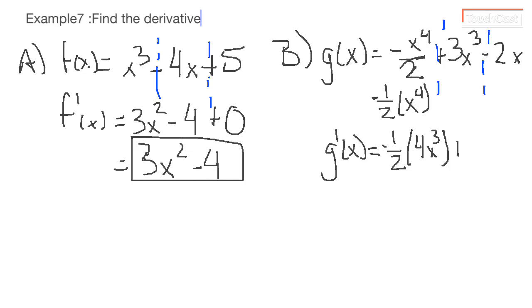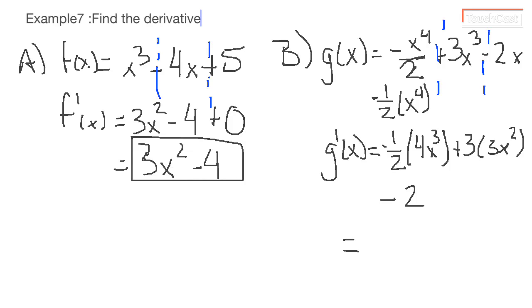And then we have a plus. We're now going to find the derivative of 3x cubed. Well, based off of that constant multiple rule and the power rule, we can write that as 3 times 3x squared. And I need to write the next term on the next line. I've run out of space. Minus, well, the derivative of 2x is just going to be 2.